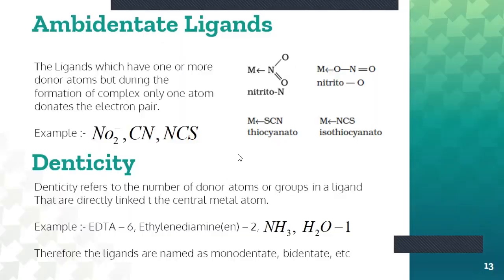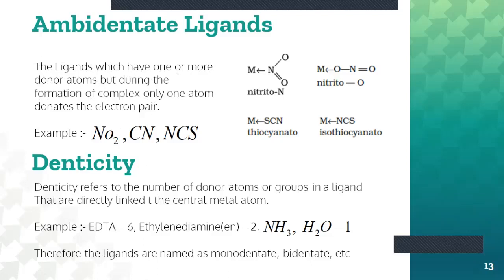Now coming on to the third and very important category, ambidentate ligands. Now this is something new. Let's learn this. These are ligands which have more than one donor atom, but during the formation of a complex, only one atom can donate the electron pair. Look at the structure.